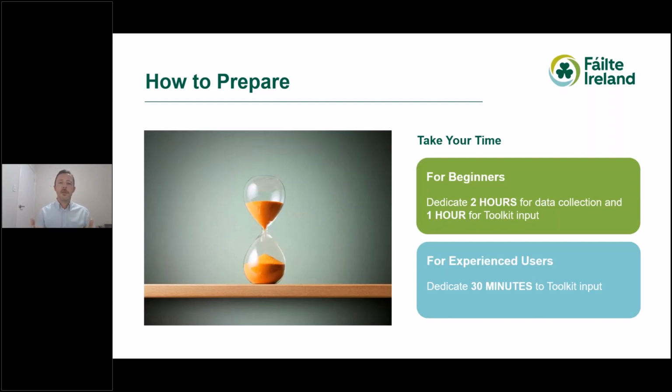If this is something that you're more than comfortable with, and all you need to do is make sure that you have the data for 12 consecutive months, a half hour should be fine. So really this is about setting the expectation on what the preparation looks like. And as you get more comfortable with it, it does get easier over time. Hopefully after you've collected the data into a single source to use the calculator, that can then be continued into the future so that you know where that single source of data is moving forward.